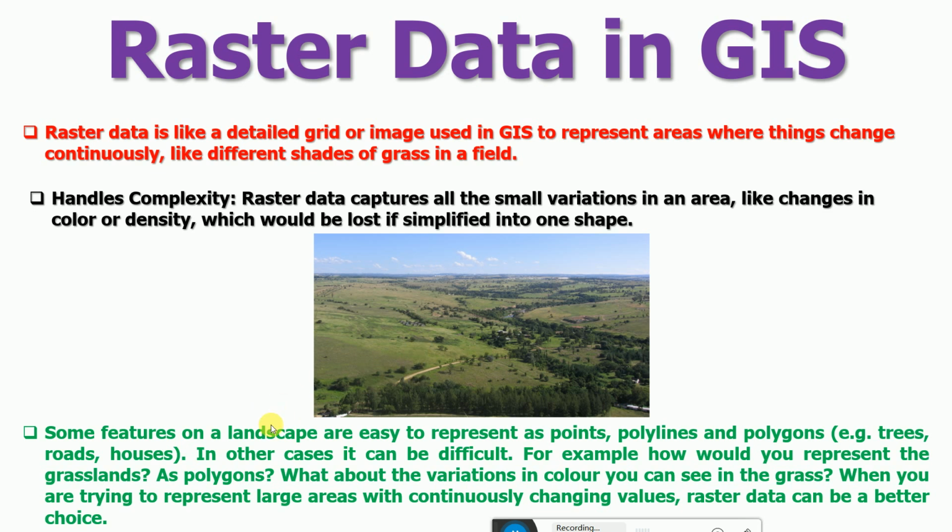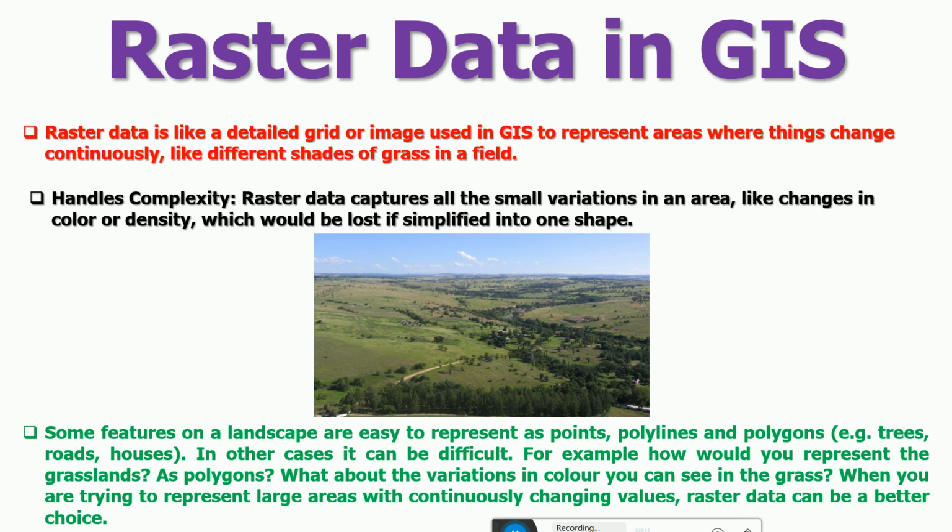In this data, some features on the landscape are easy to represent as points, lines, and polygons. This is a line, and this land area is a polygon because it represents an area, and this is also a line because it's a linear feature of the tree. In other cases it can be difficult.